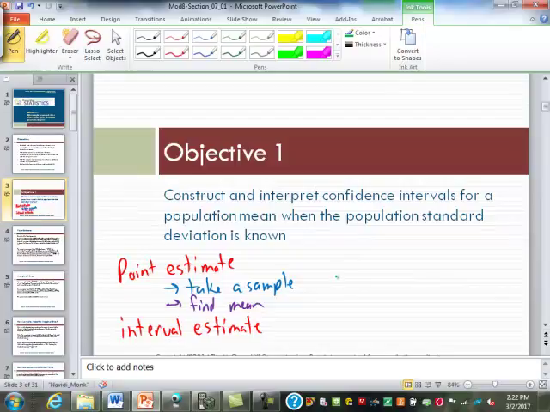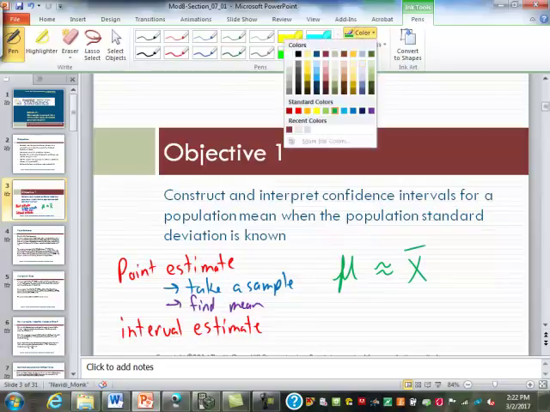Proper terminology is the population mean is, of course, mu, is going to be approximately equal to that sample mean, which is x bar. So we take that sample, we find its mean and say, hey, if we took a good sample, the population mean should be close to this. And that's true. If that's a good sample, it's a representative sample, the mean of that sample should be really close to the population mean.